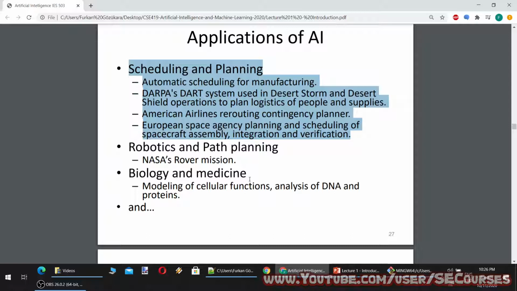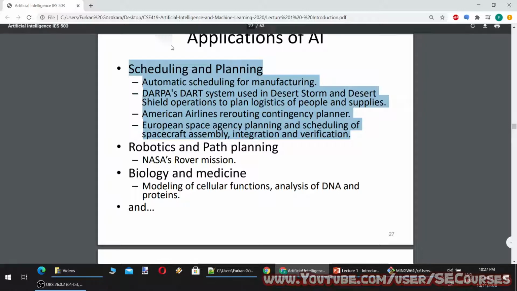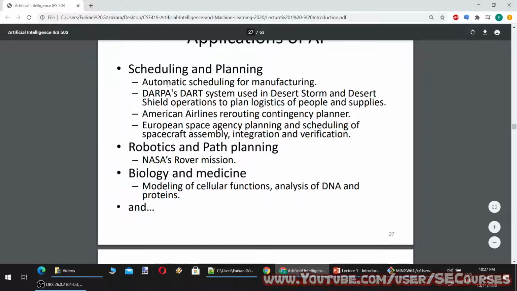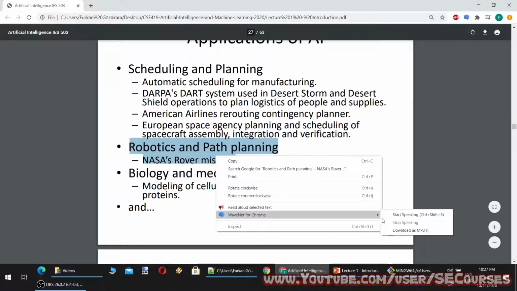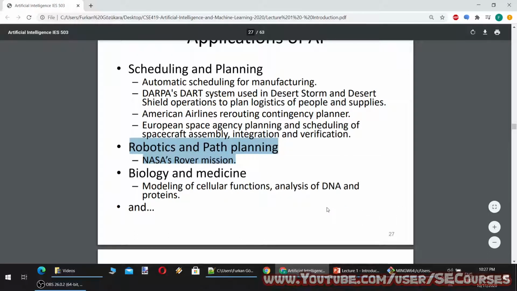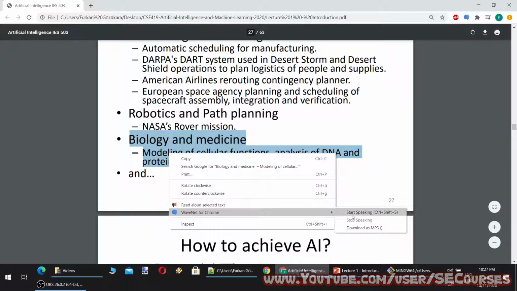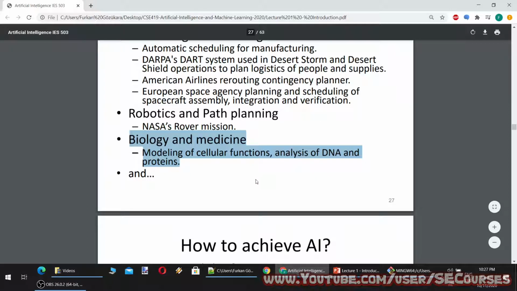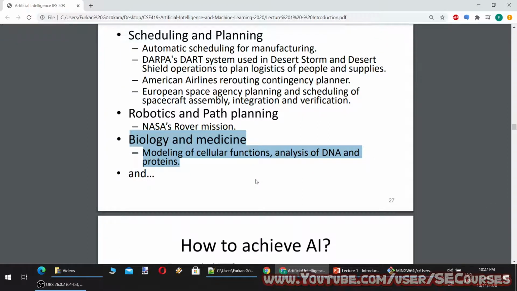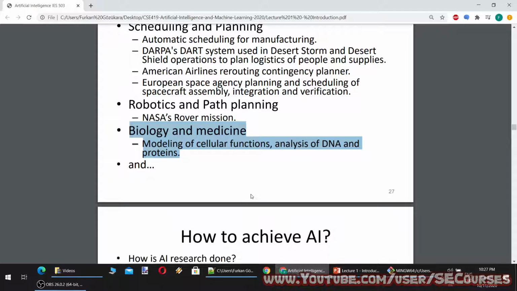European Space Agency planning and scheduling of spacecraft assembly, integration and verification. Robotics and path planning. NASA's rover mission. Biology and medicine. Modeling of cellular functions, analysis of DNA and proteins.